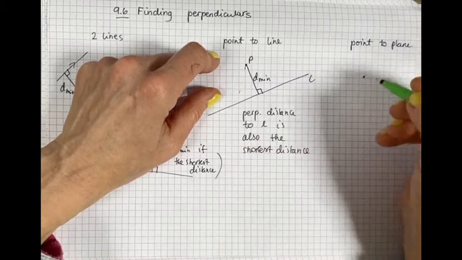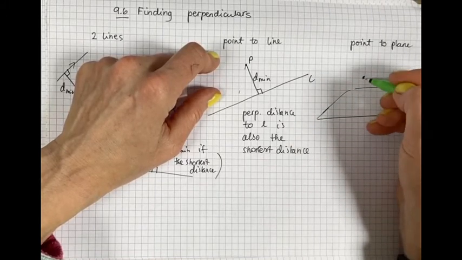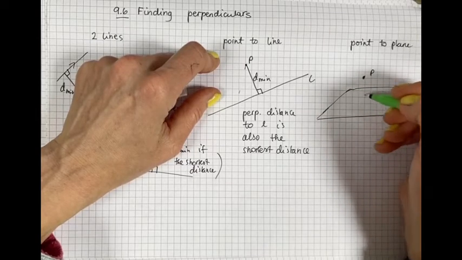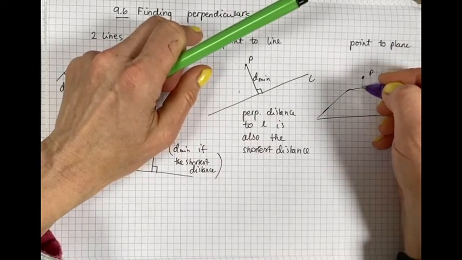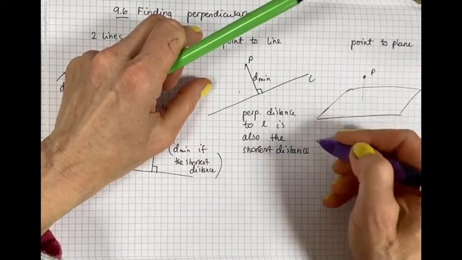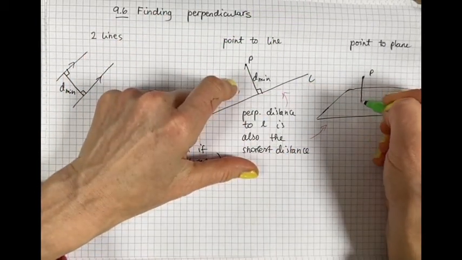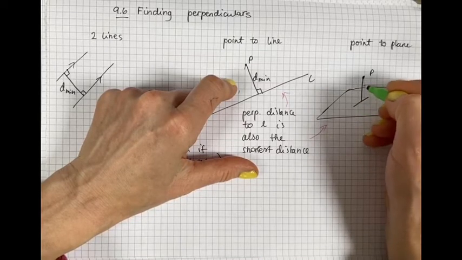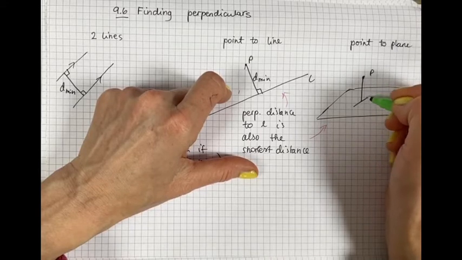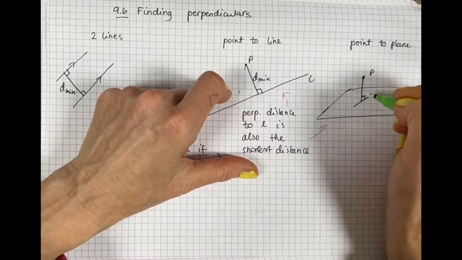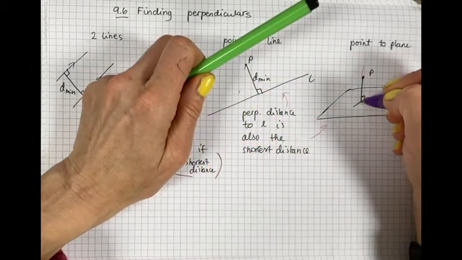And point to a plane, so okay, so that point P, what fact we're going to use when looking for that distance, perpendicular distance, again will be the shortest distance. This is for both of these. This is the distance D that the line passing through P and perpendicular to the plane, the point of intersection of that line with the plane.